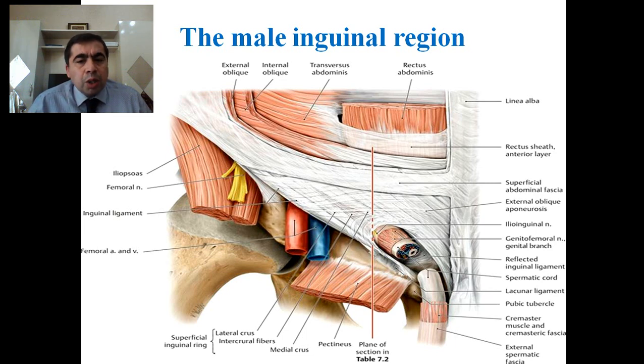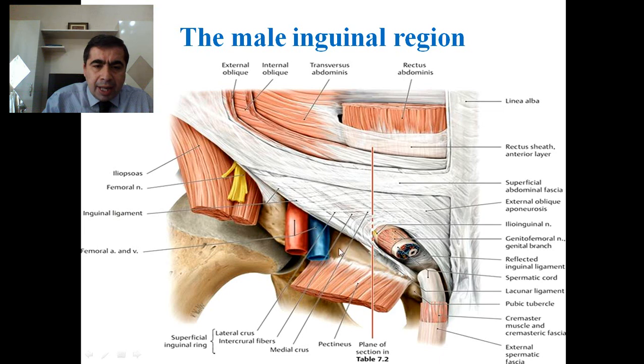two openings, two rings. You are looking at the crus mediale and crus laterale. Crus mediale is attached to the pubic symphysis, crus laterale to the pubic tubercle. This canal contains the spermatic cord in men, and the round ligament of the uterus in women.